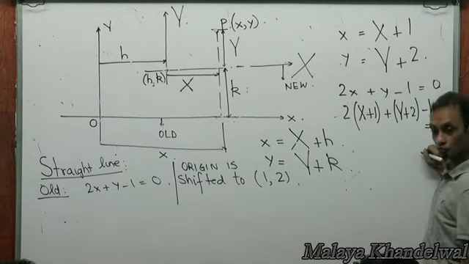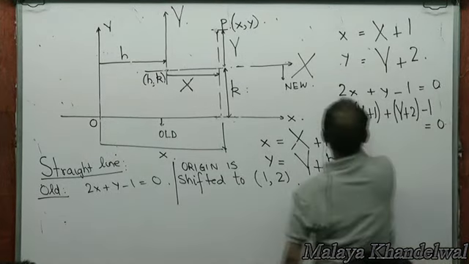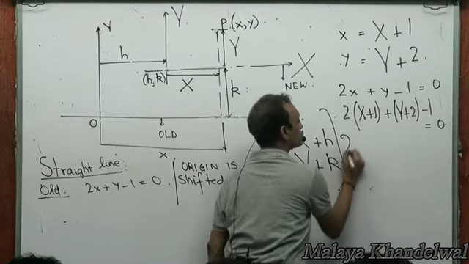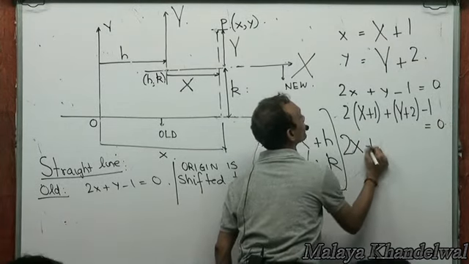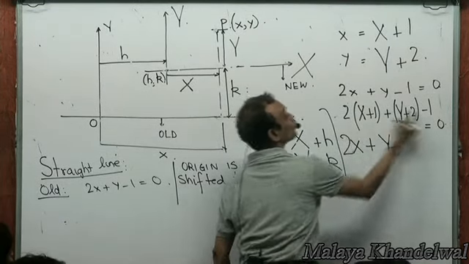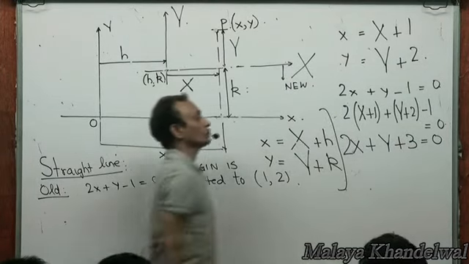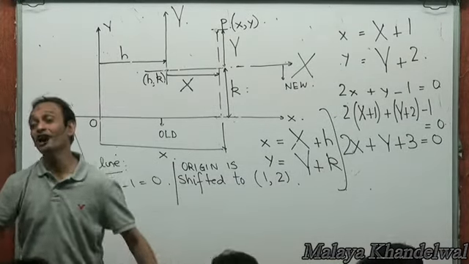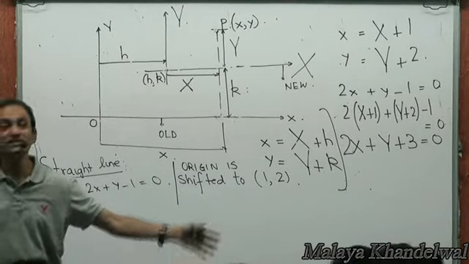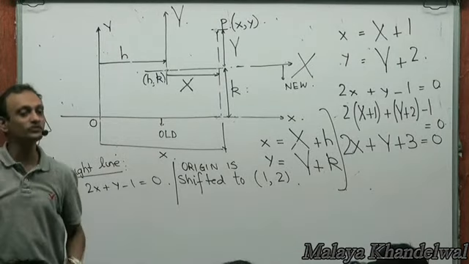Yes or no? Which then gives me 2X plus Y plus 4 minus 1, that is 3, equal to 0. This is the equation of the line in the new system.